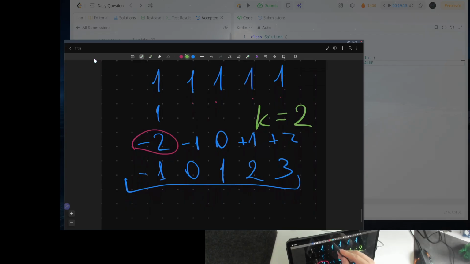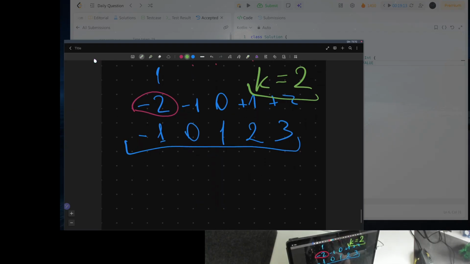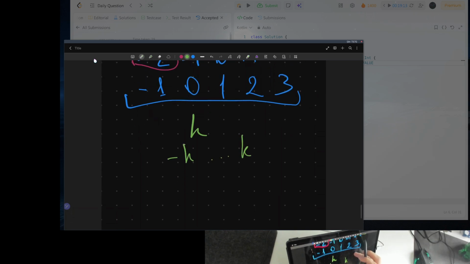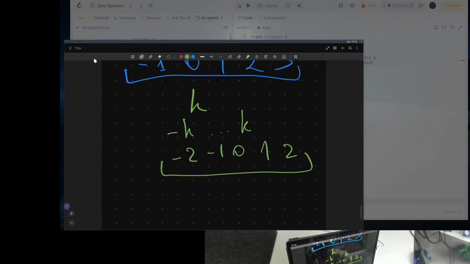So the strategy is the following: we have k, and we have this range from minus k to k. In our case, it's minus 2, minus 1, 0, 1, and 2. So we have 5 distinct operations.